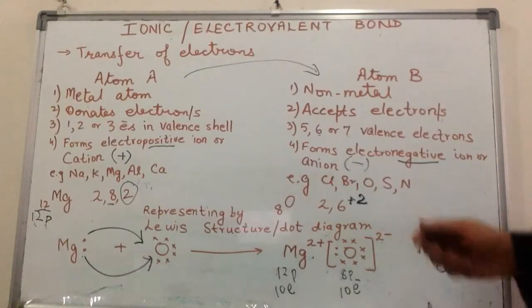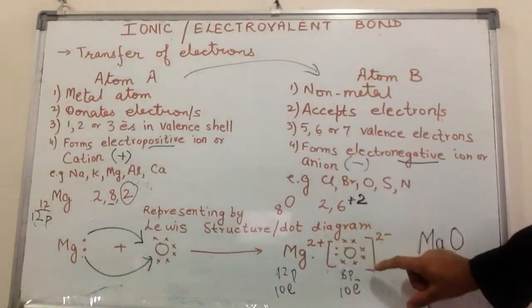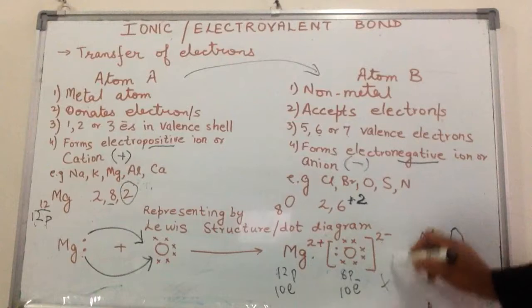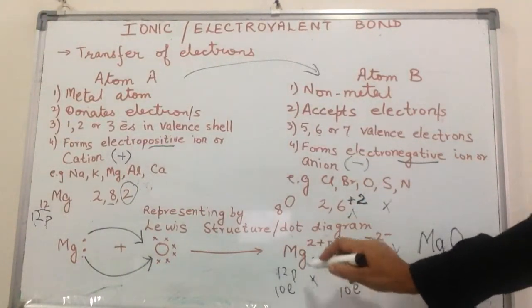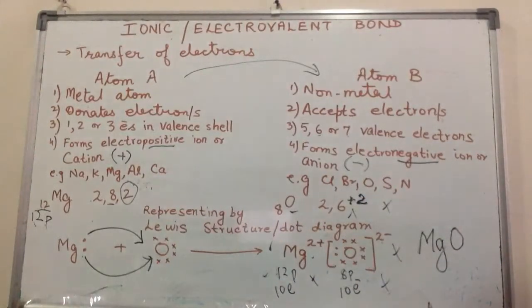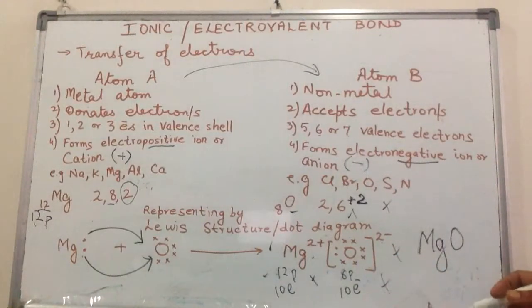If you talk about their conductivity, we notice that as a solid, because the ions are surrounded by oppositely charged ions, they will not be able to move easily. Hence, these compounds will not conduct electricity in the solid state.